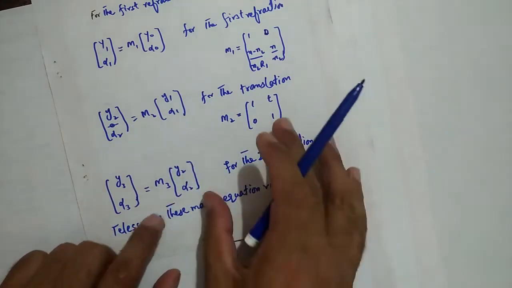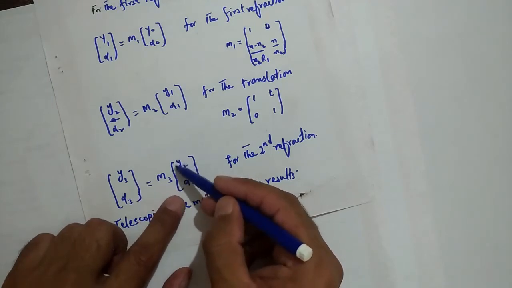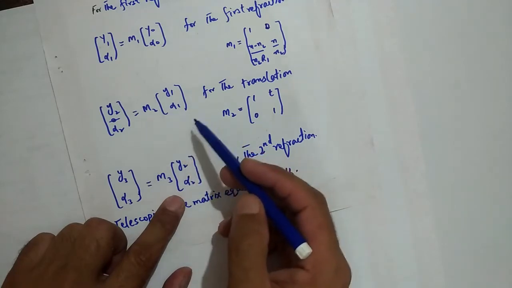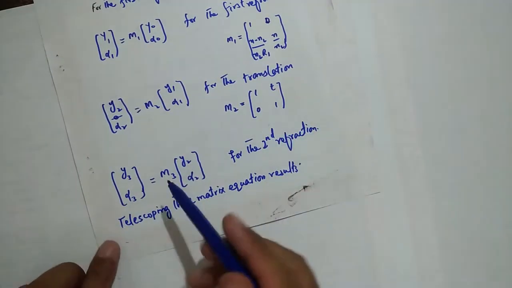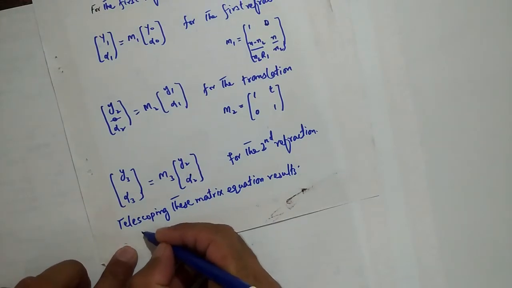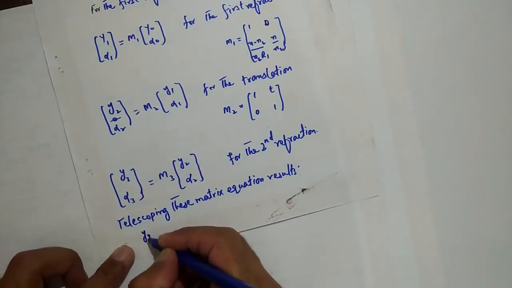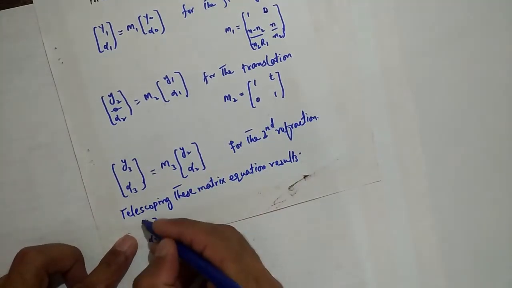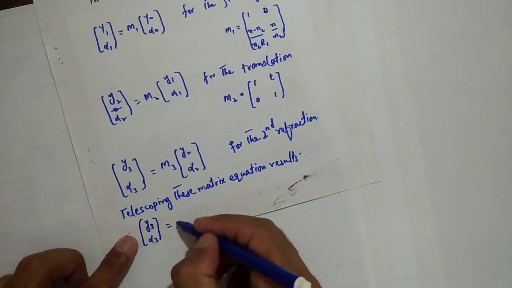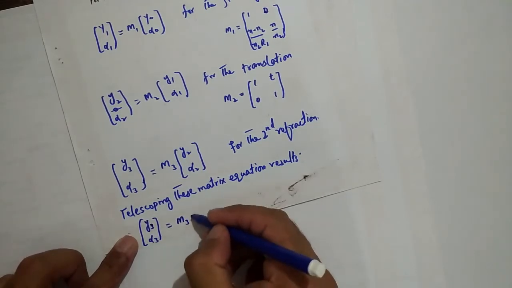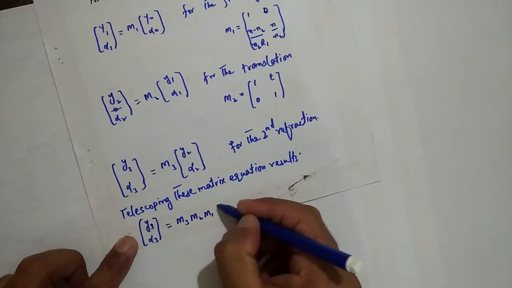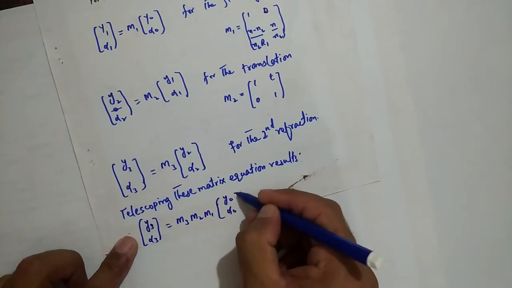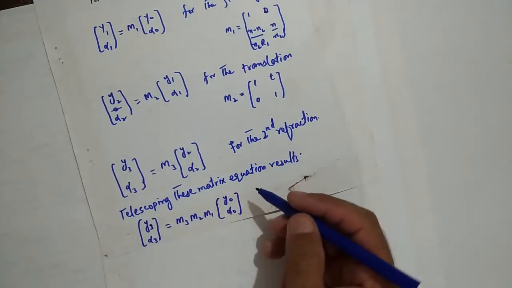We should write here, instead of y2 alpha 2, this equation which is M2 times y1 alpha 1, and for y1 alpha 1 we will write this one. So our result will be y3 alpha 3 equal to M3 M2 M1 times y0 alpha 0. Clear?